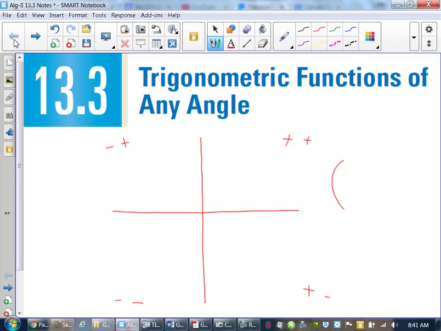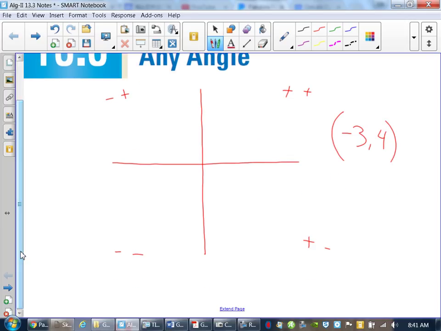Okay. So, for example, I want to look at, let's say, -3 and 4, and I want to write out where this is, and then figure out the trig functions off of it. So, -3 and 4 puts you into the second quadrant, right there.